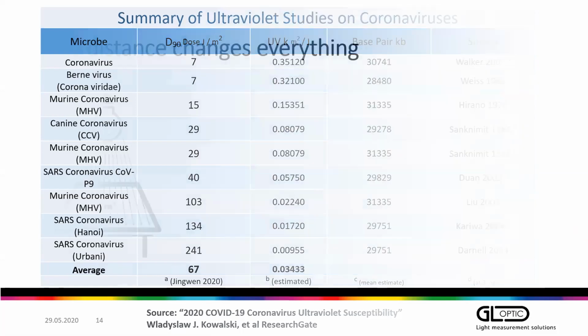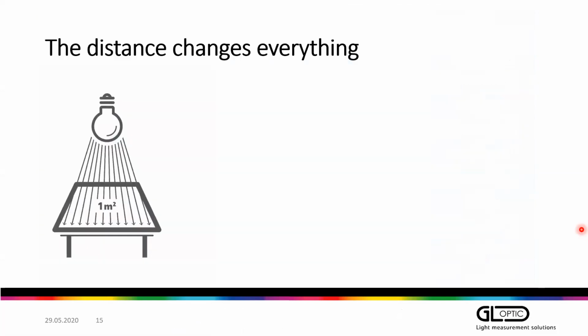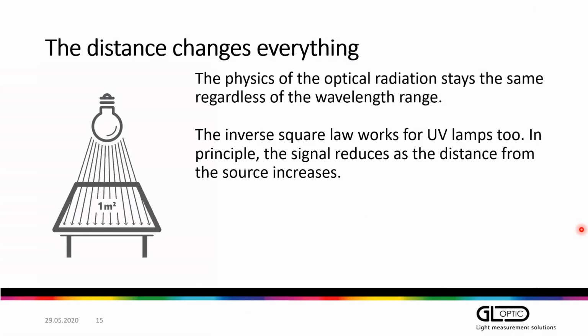Now the distance. Of course, again, it's similar to general lighting, but I would like to just simply repeat this again, because we sometimes forget about this basic physics. Since this is invisible, we may think there are some other rules, but of course the optical radiation stays the same in the visual and in the UV range.